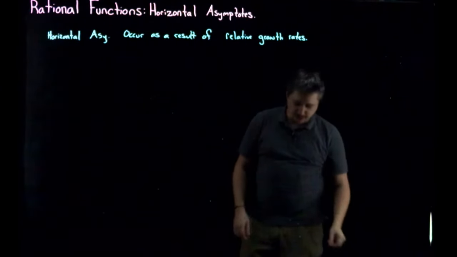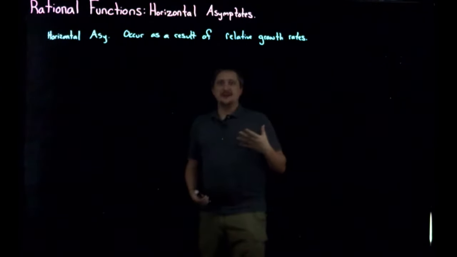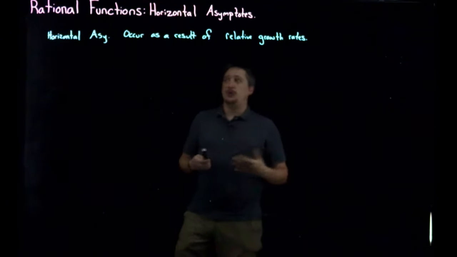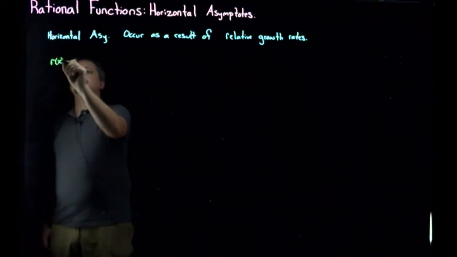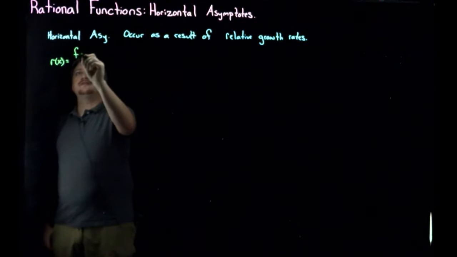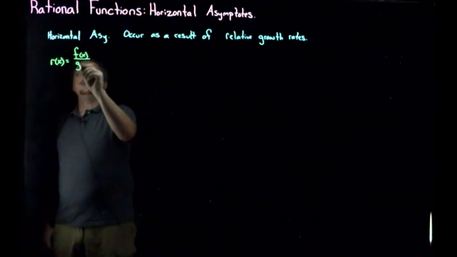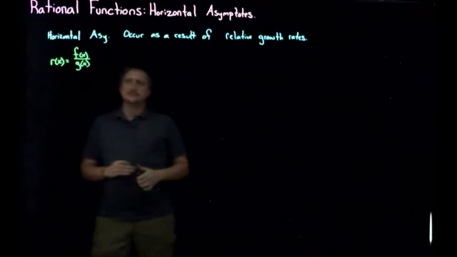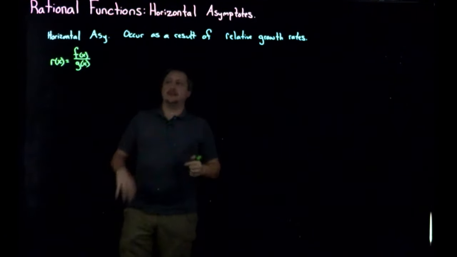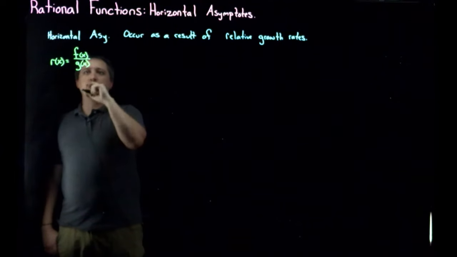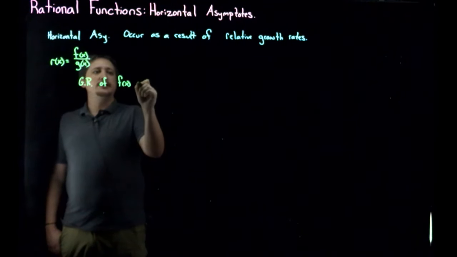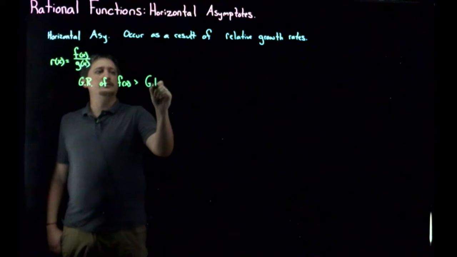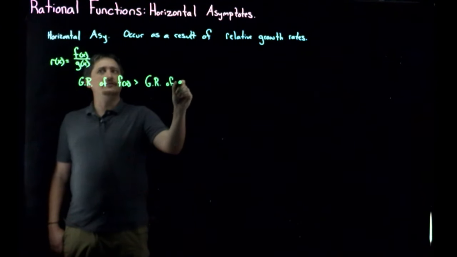So when we talk about growth rates, it is more or less what it sounds like. We're talking about how fast things grow, okay? So if we're looking at r of x as a rational function being some f of x divided by g of x, there's really three possibilities. The growth rate, I'm just going to abbreviate GR, of f of x is bigger than the growth rate of g of x.